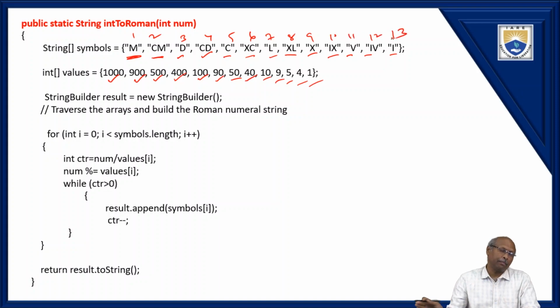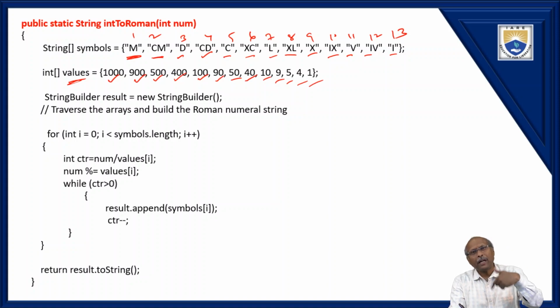We will write all the 13 symbols as well as their corresponding 13 values. After writing that, I will try to divide with these values. Once you divide, you will get how many of that value are there. That many of the corresponding symbols I will print. If it is divisible, then print. If it is not divisible, I will go to the next number.